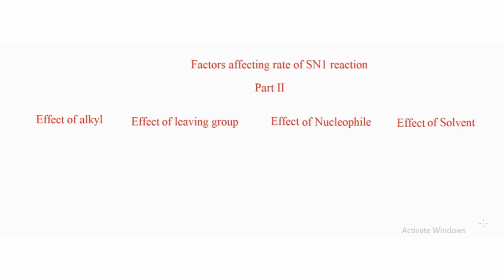And later we discussed one more thing, that is the rearrangement of carbocation. As a result, we will get the rearrangement product. So this is the summary of the effect of alkyl group in SN1 reaction.